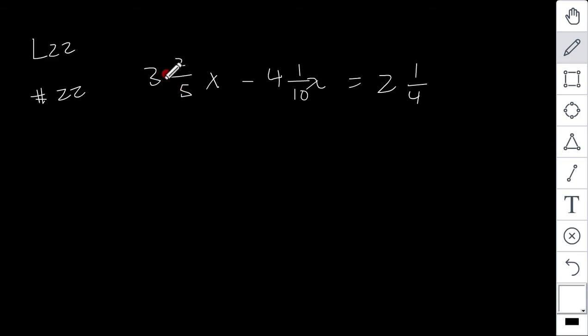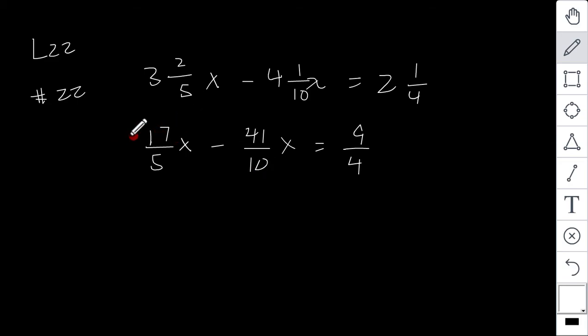So we have 17/5 x minus 41/10 x, because 4 times 10 is 40 plus 1 is 41. Yay, fractions. And 2 times 4 is 8 plus 1 is 9/4. I would common denominate this. Find a common denominator, which looks to me like it would be 20.